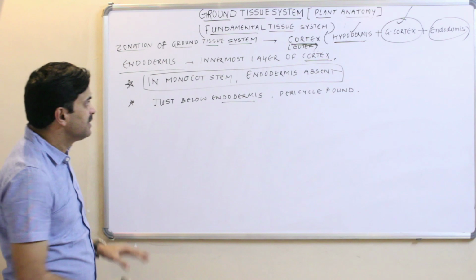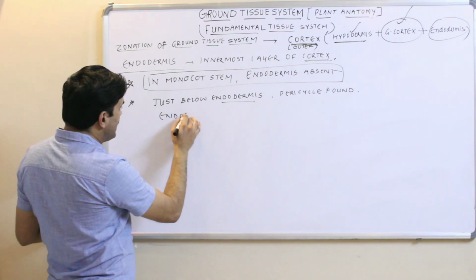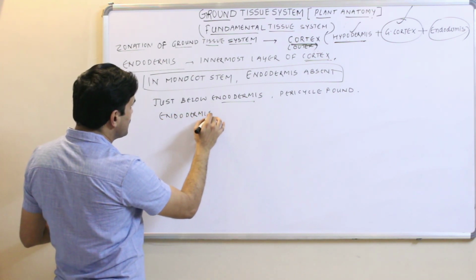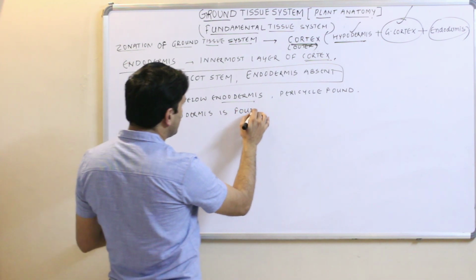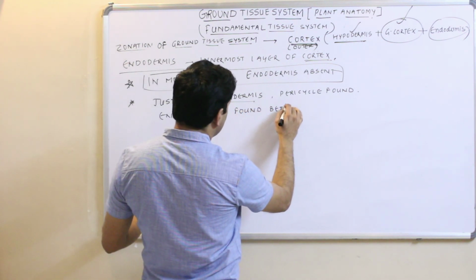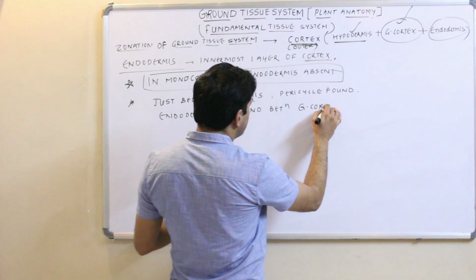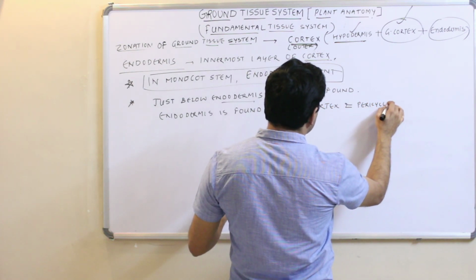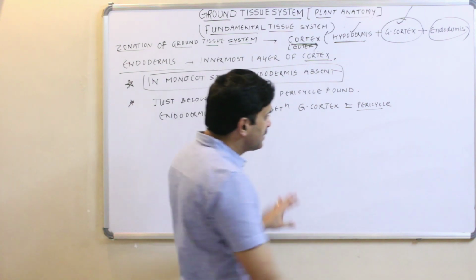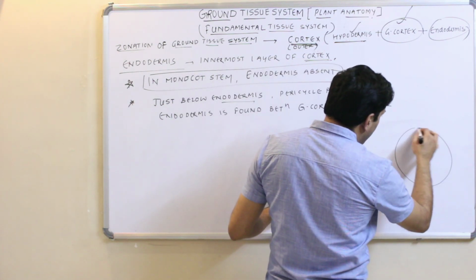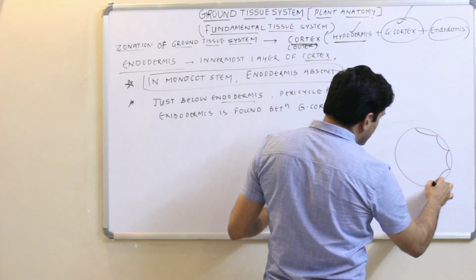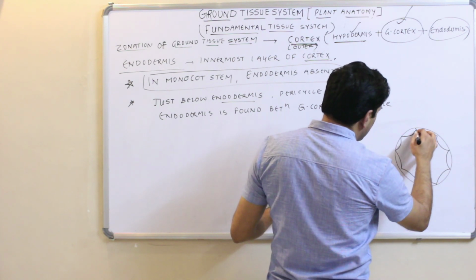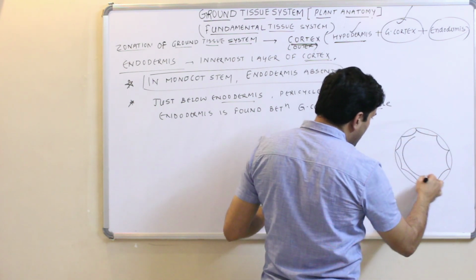So we can say that endodermis is found between general cortex and pericycle. This is the endodermis, and this is the pericycle.